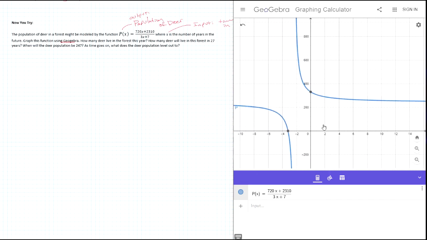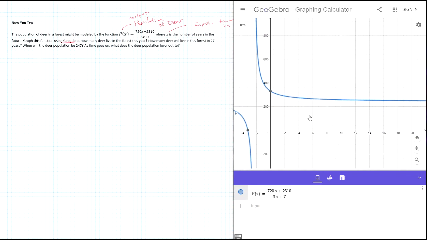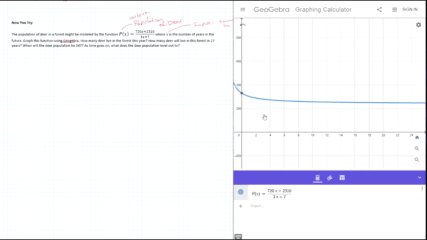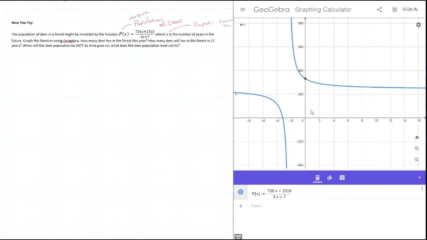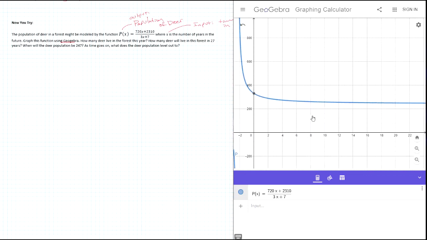All right, let's actually look at the negatives also. For our scenario, we only want to look at positive deer population, right? We don't want to have negative deer, but we also just want to look at positive time. This is modeling what's going on after this moment in time.